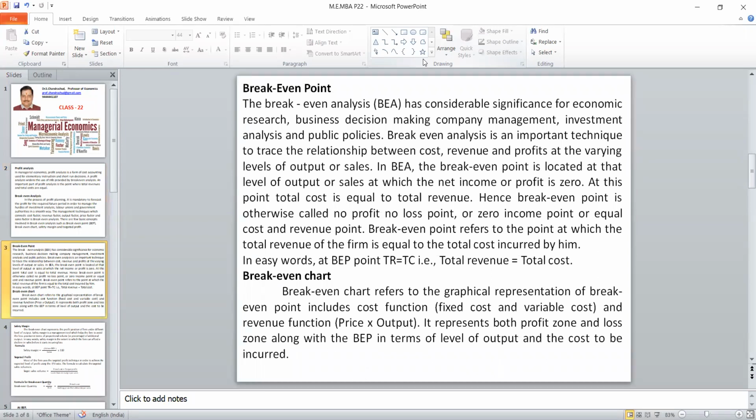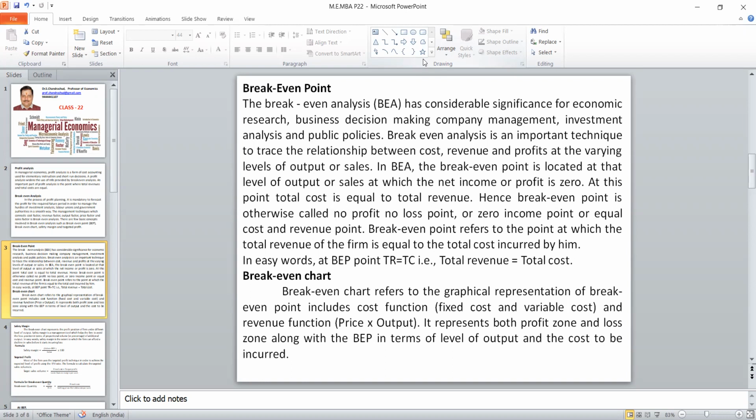Actually, this break-even point we call the no profit, no loss point. At that particular level, the revenue equals cost, so there is no profit and no loss also.